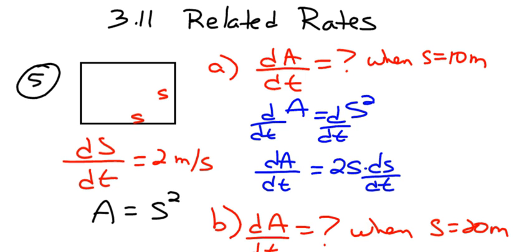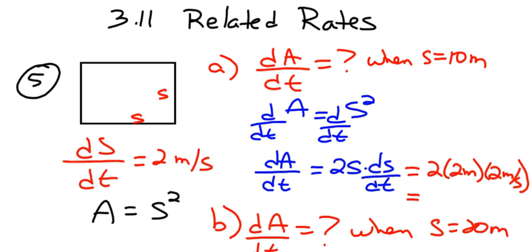So from here, I have all the information. I have S and I have ds/dt to substitute in order to find the rate of change for the area. So when I go ahead and substitute, I'm going to calculate this out.